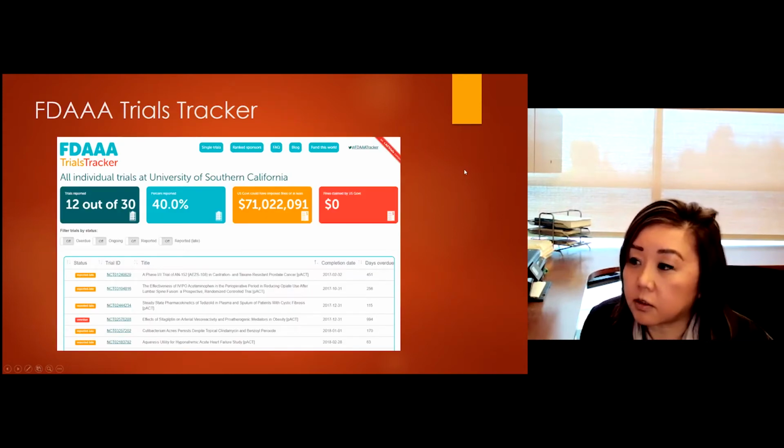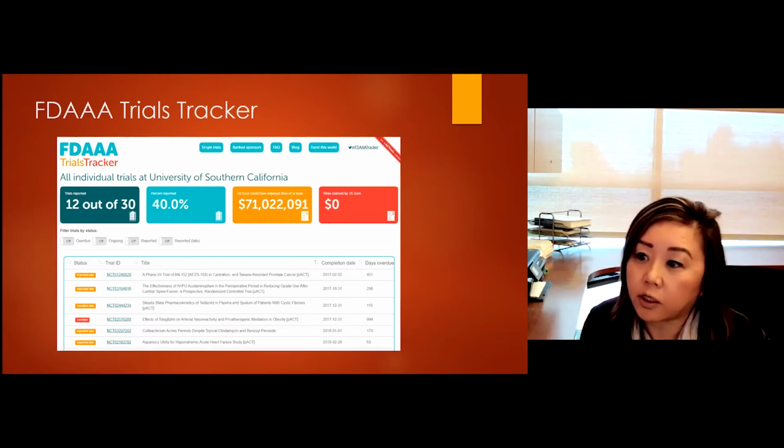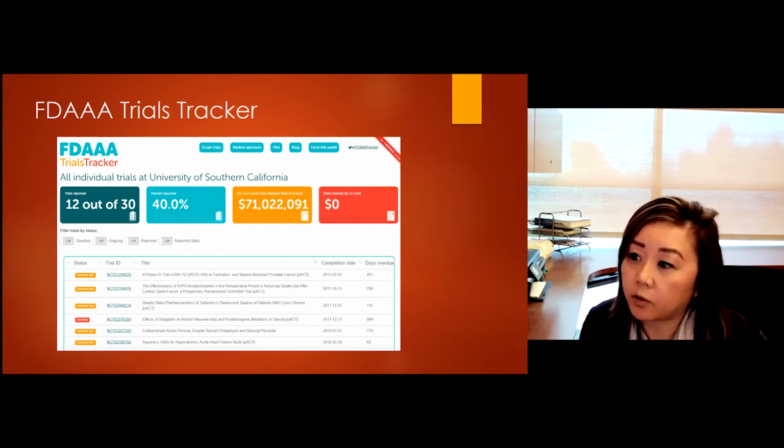This is an example of one of those websites that publicizes that information. This is more of a UK-based site, from the University of Oxford, and this information pulls directly from clinicaltrials.gov. So they publicize this information on their website, and they track all of the agencies that have accounts.